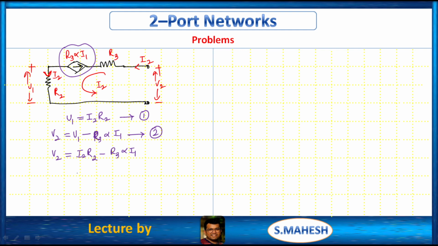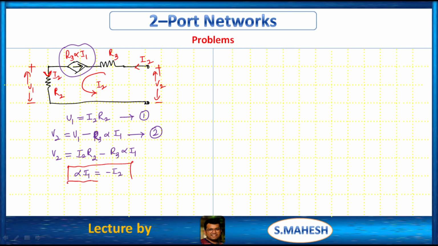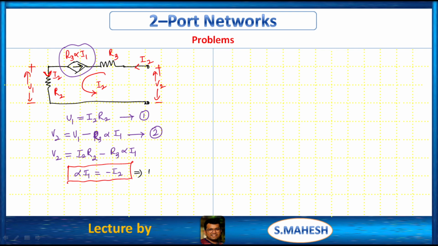We know that alpha I1 is minus I2. From this, I2 is minus alpha I1.